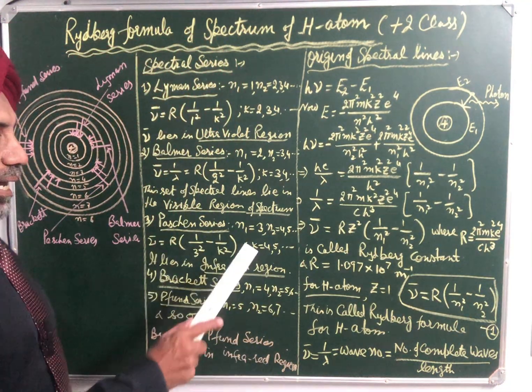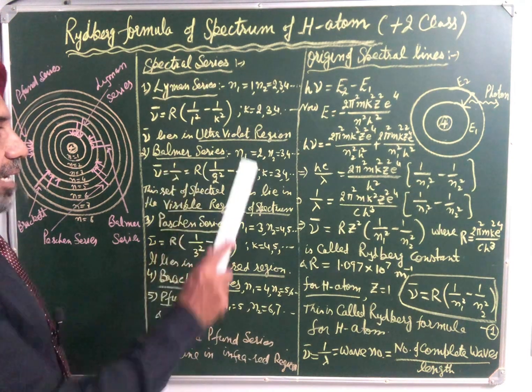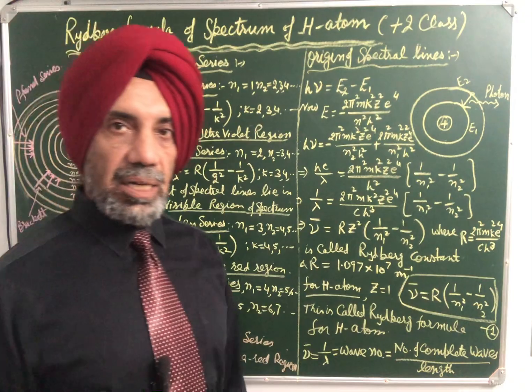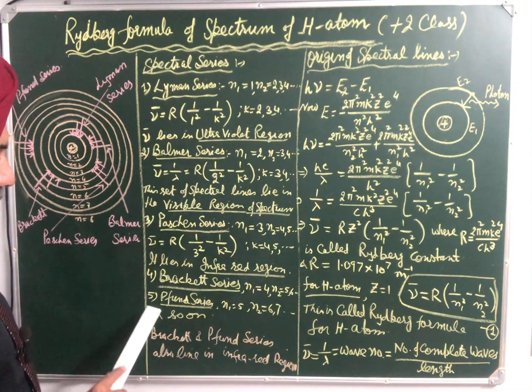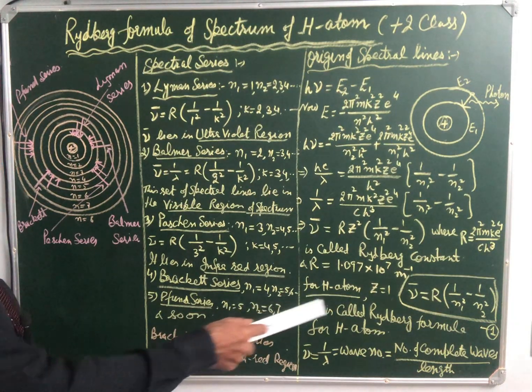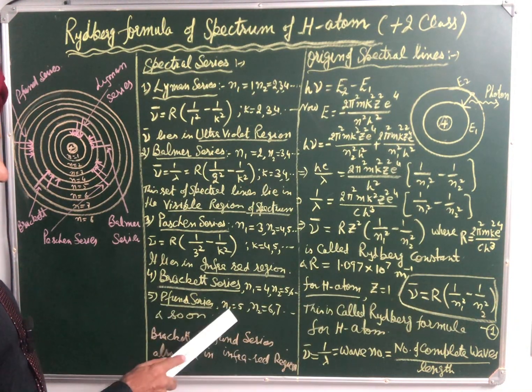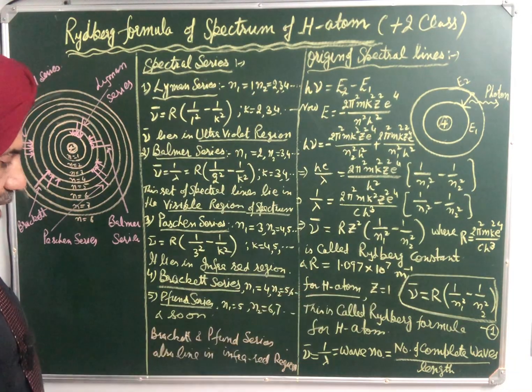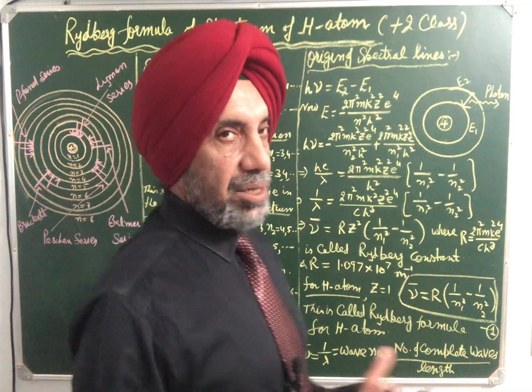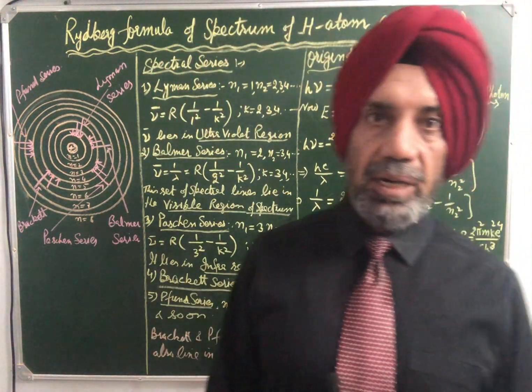So Paschen series lies in the infrared region, Balmer series lies in the visible region, and Lyman series lies in the ultraviolet region of the spectrum. Then Brackett series: for Brackett series n1 is equal to 4, n2 is 5, 6, 7. For Pfund series n1 is 5, n2 is 6, 7 and so on. So these two series also lie in the infrared region, or maybe the far infrared region.